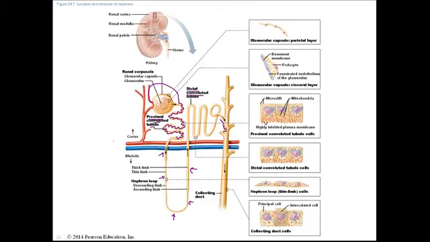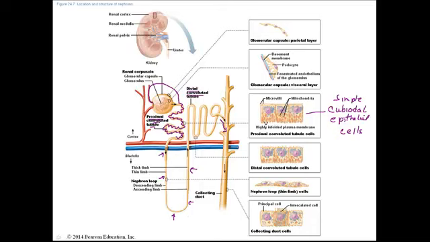Okay, remember, these ducts are lined with simple cuboidal epithelial cells. And these will allow different things to pass through.